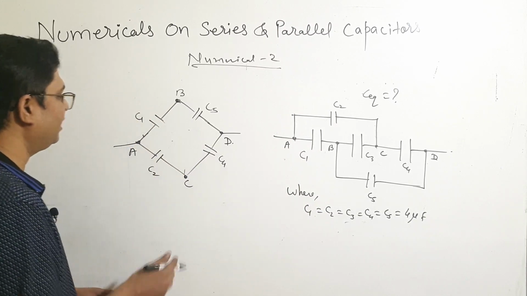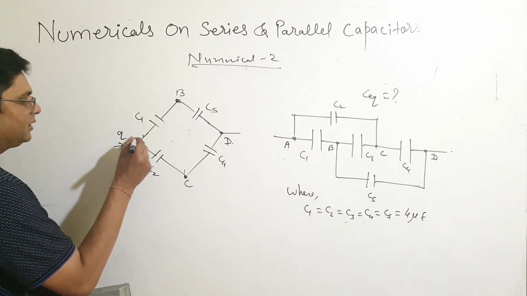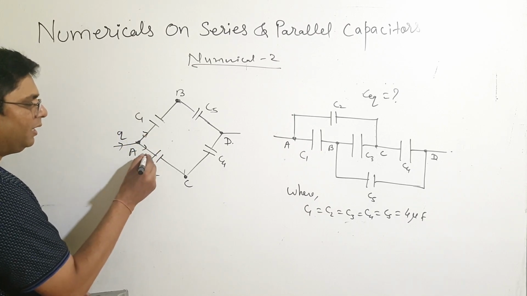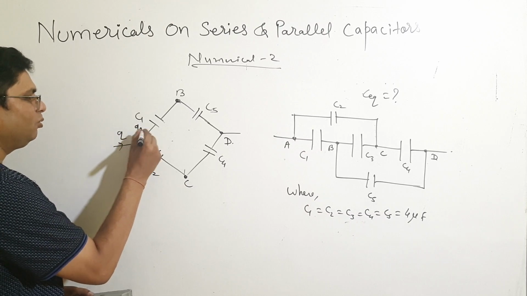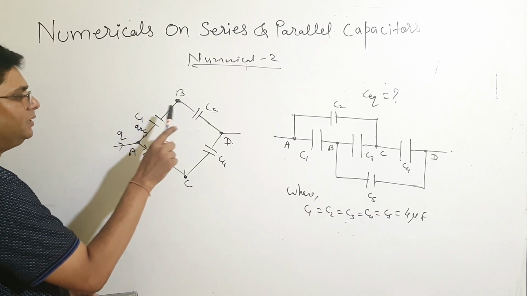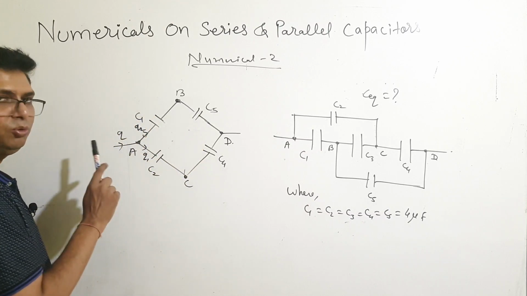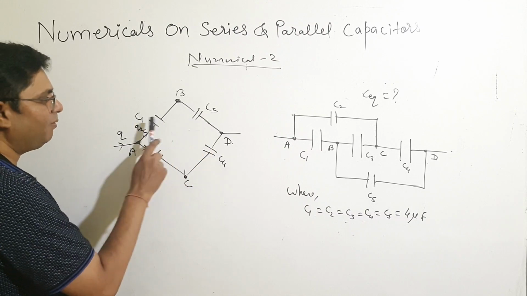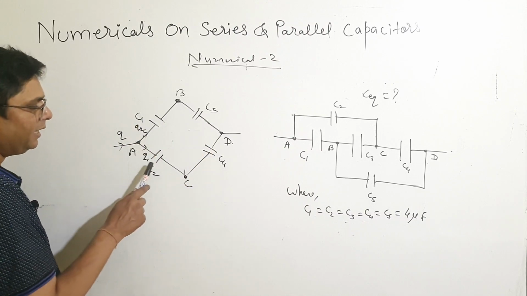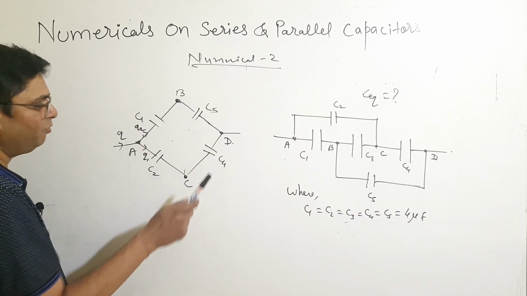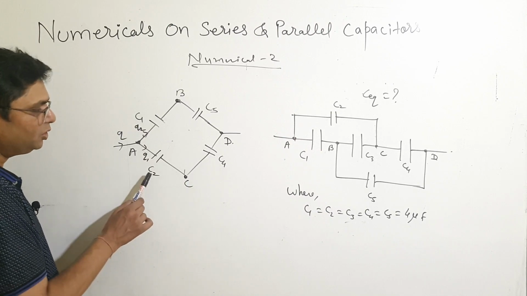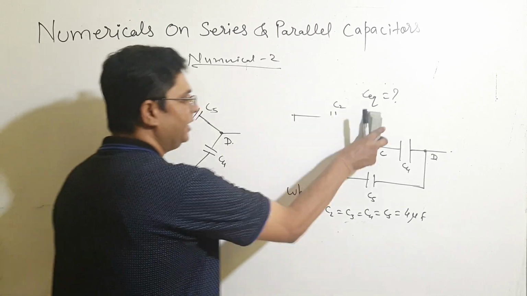In this circuit diagram, charge flows from this side and divides into two parts, Q1 and Q2. So C1 and C5 will get charge Q2. This means that C1 and C5 are in series, and C2 and C4 will get charge Q1, so C2 and C4 are in series.